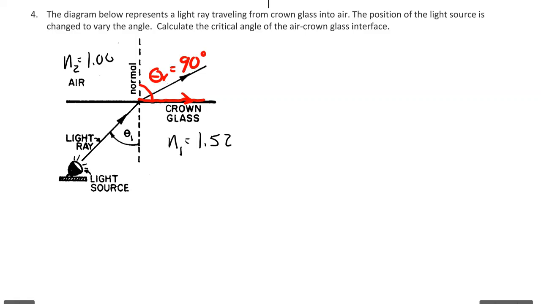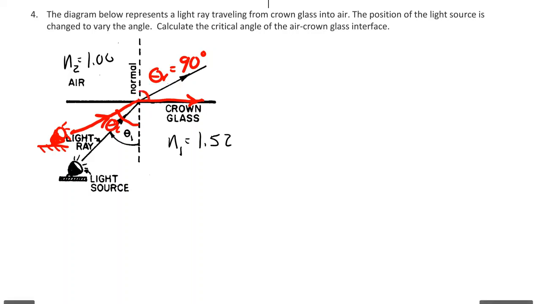So the diagram is a little misleading because they're showing an angle that's not the critical angle. The critical angle should be somewhere larger than what's shown. So they're saying move the light source over here, and then that's going to be the critical angle. Because you made the angle of incidence bigger so that you get an angle of refraction that's equal to 90 degrees.